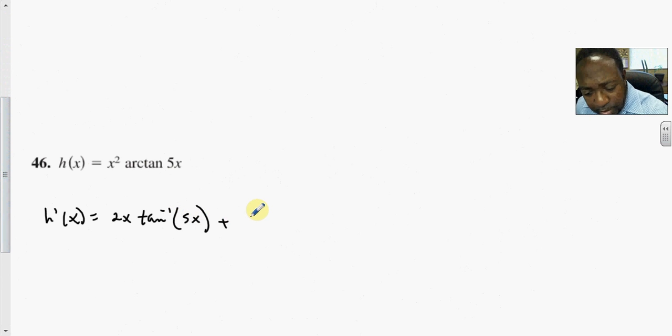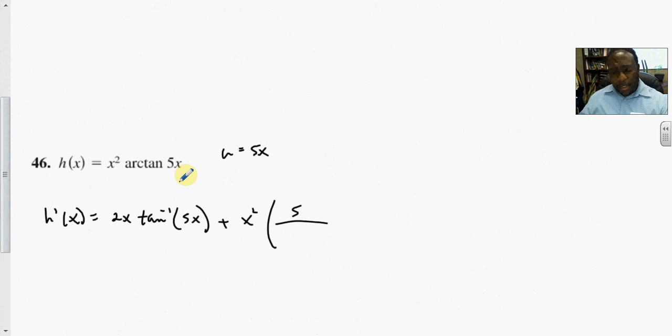Now then it's plus the first times the derivative of the second. Well, the derivative of the second, here u is 5x. So the derivative of this 5x is 5.